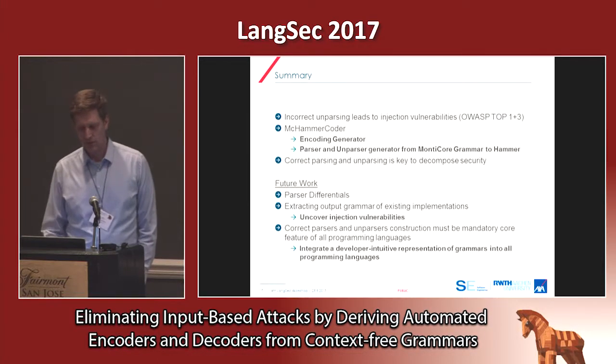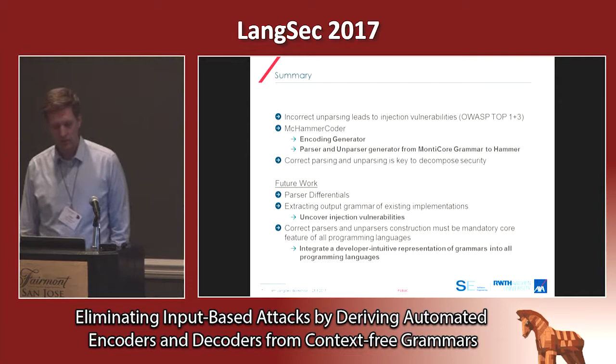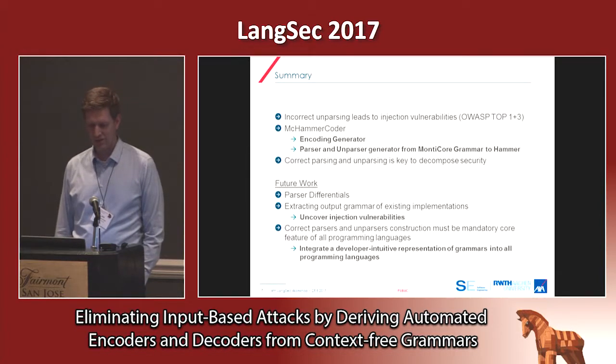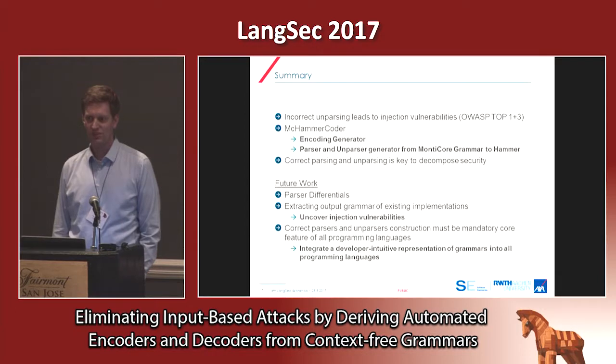So to sum up, we have this situation where injection vulnerabilities are still not really understood by those who care most. So basically the OWASP Top 10 seems to be broken, and those guys should really catch up with some LangSec stuff, I suppose.